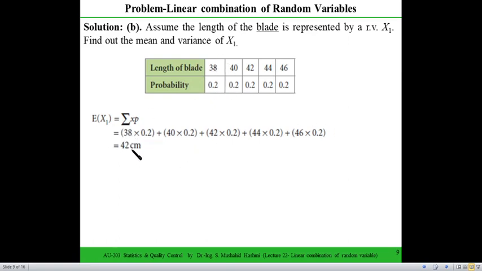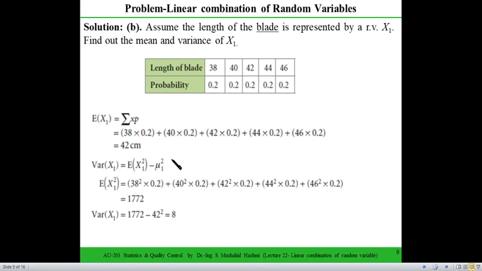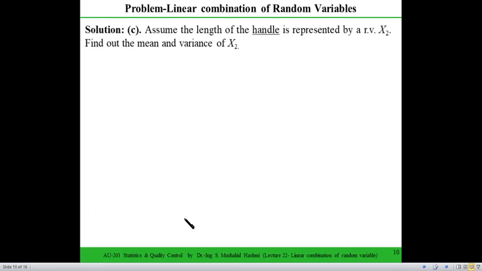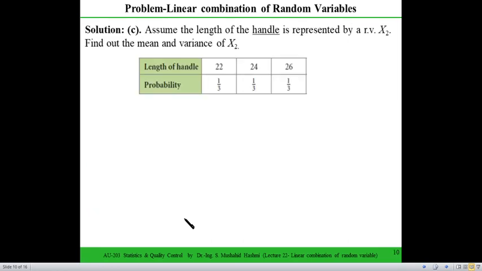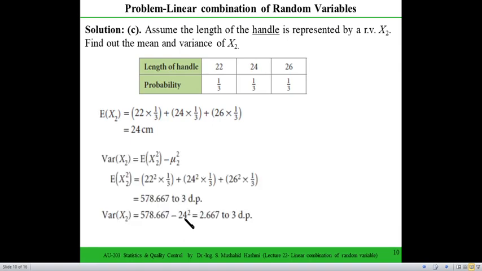So the expected value of the length of the blade would be 42 centimeters, and its variance, calculated from this alternative formula, comes out to be 8. Similarly we can work out the mean and variance of the length of the handle, which has three combinations. We can calculate its mean value and the variance from the formula.